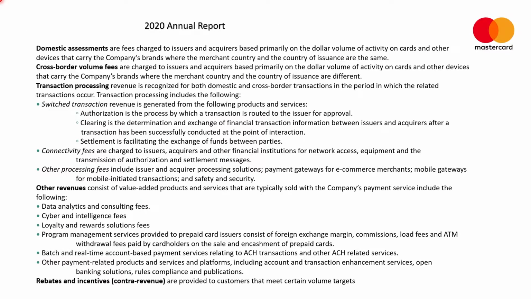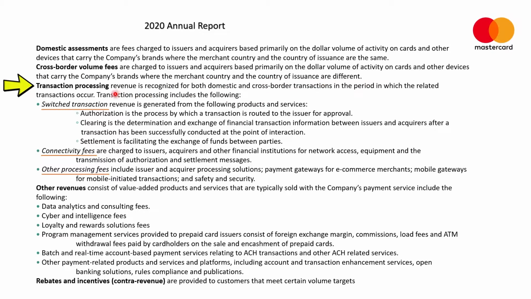And we can see here how they split their revenue, and these are the different services they give. For example, we have domestic assessment, which are fees charged when the merchant country and the country of issuance are the same. We have cross-border volume fees, which is when the merchant country and the country of issuance are different.